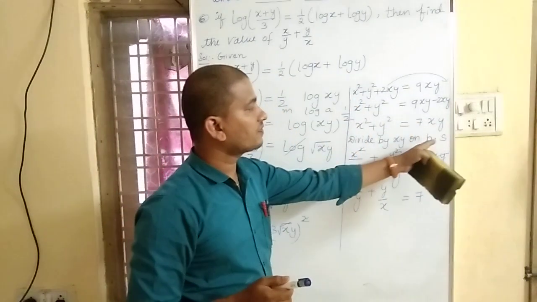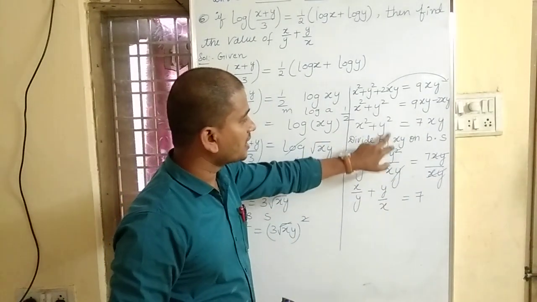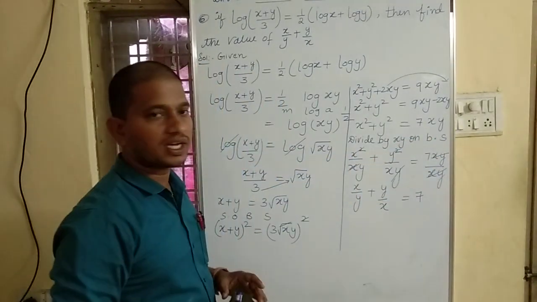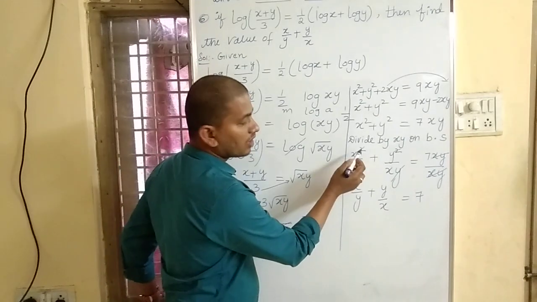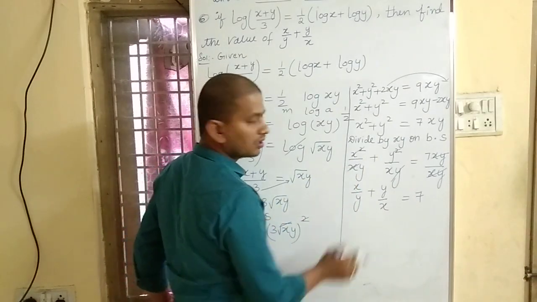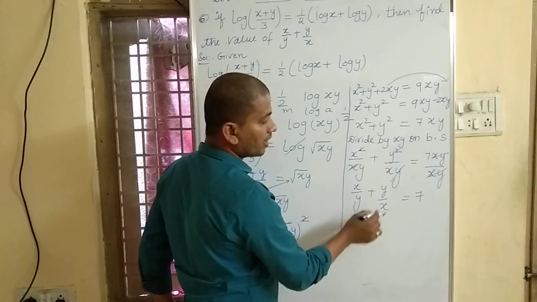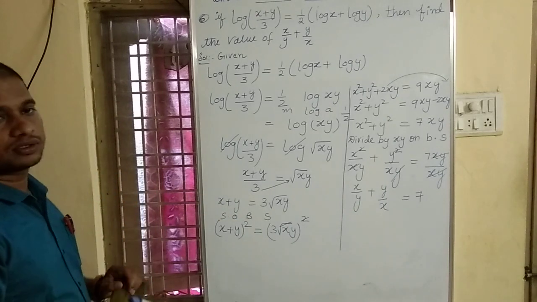Divided by xy on both sides: x square by xy, y square by xy equal to 7xy by xy. The x gets cancelled. x square by xy, one x cancels, will be x by y. Here y square, in the sense y into y, one more y, by x equal to 7. Which is an important question.